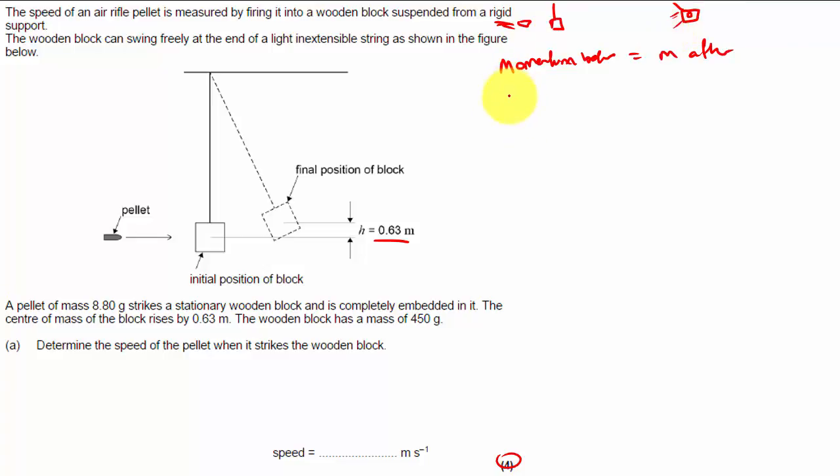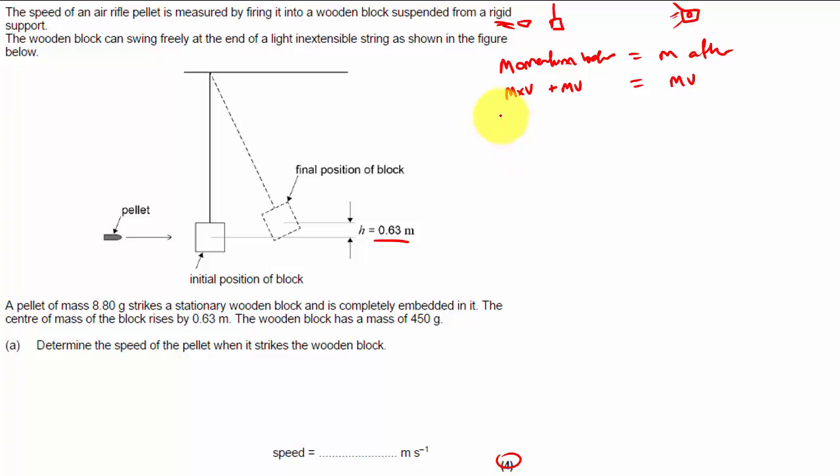So we have two momentums to consider before, so that's mv for the pellet plus the mv for the block, and after we only have one momentum to consider. Now we have to be careful about units. The momentum unit is kilogram metres per second.